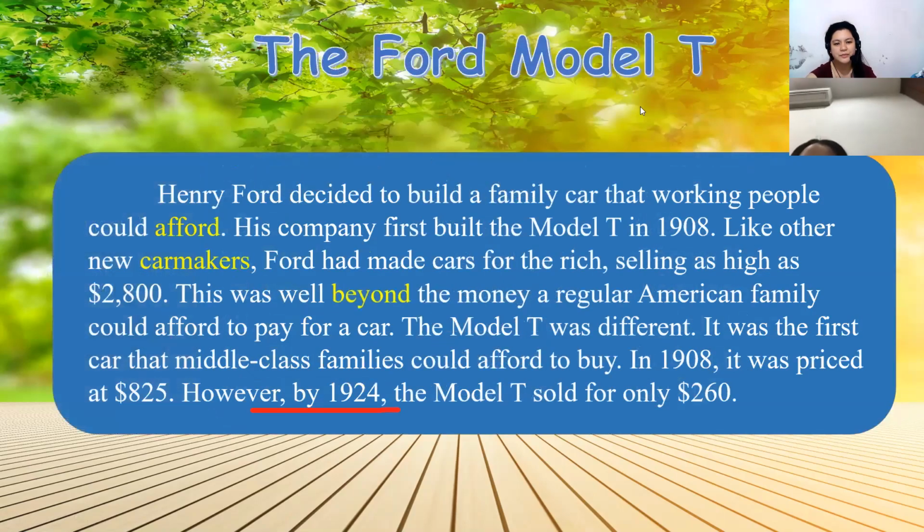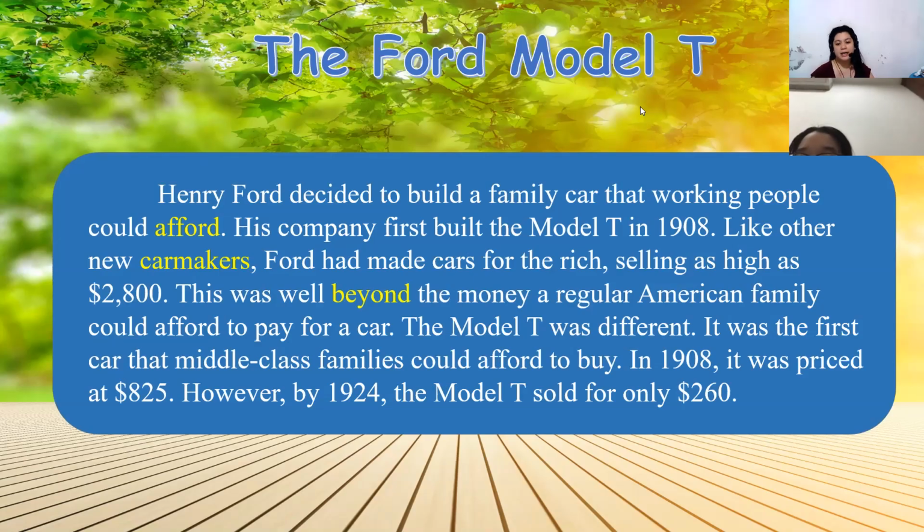We are going to read the story of the Ford Model T. Okay. I will read the first paragraph. Henry Ford decided to build a family car that working people could afford. His company first built the Model T in 1908. Like other new car makers, Ford had made cars for the rich, selling as high as $2,800.